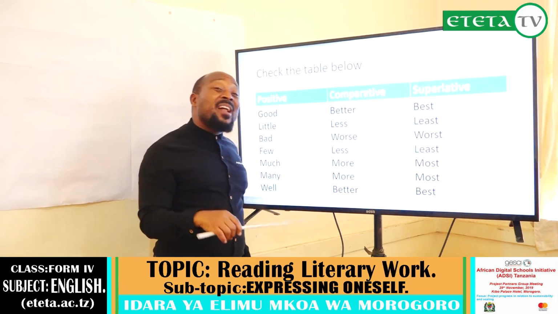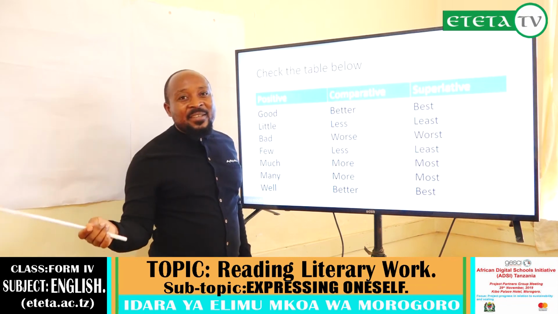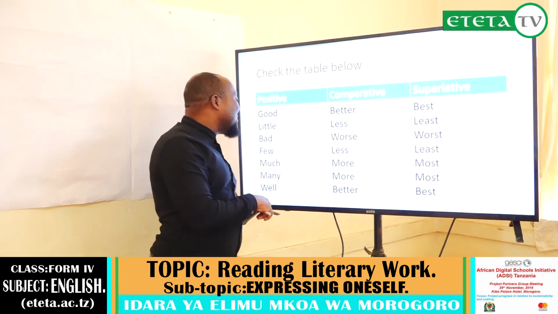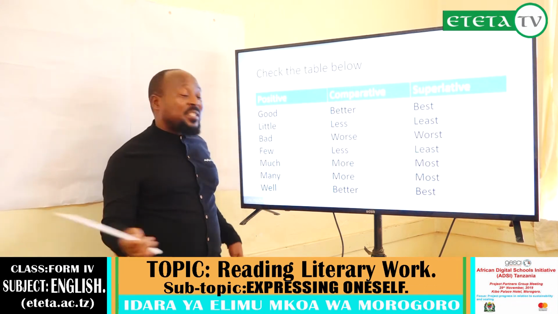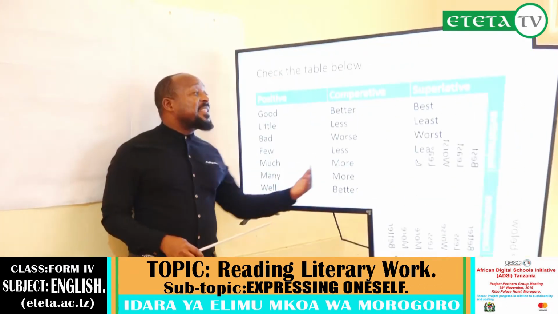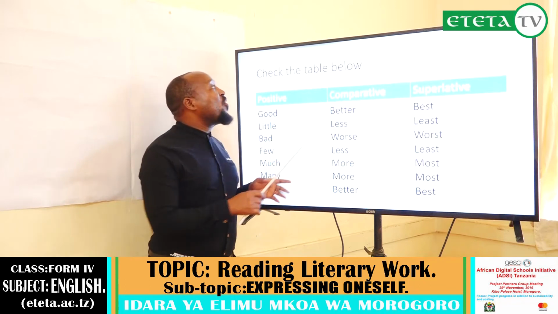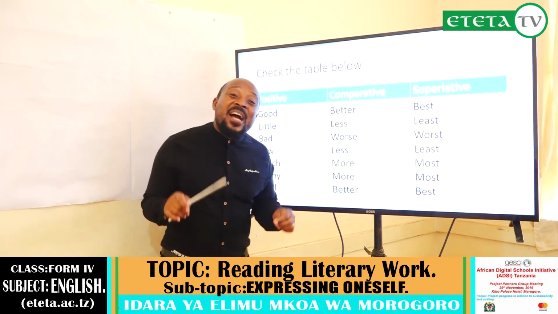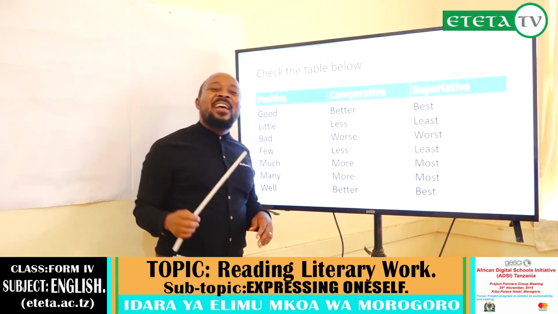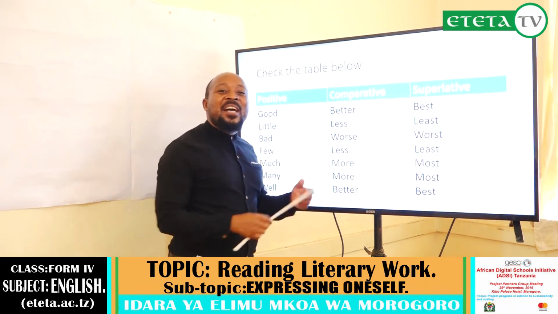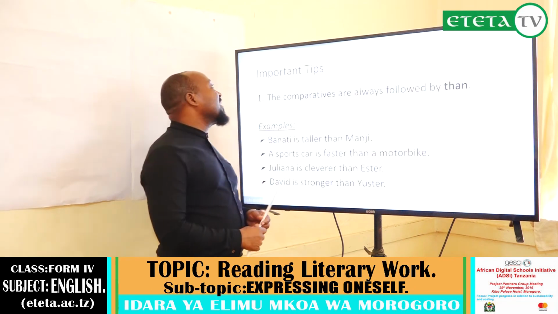We have well, better, best. We have much, more, most. We have many, more, most. You see, these things change. These are called irregular adjectives. We don't add EST, we don't add ER. They just change irregularly, as you can see in those examples.